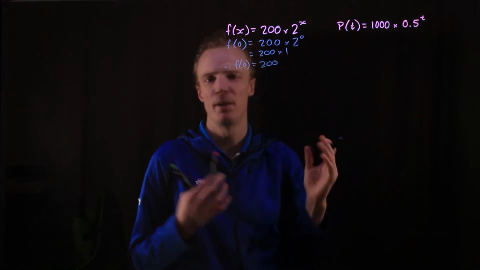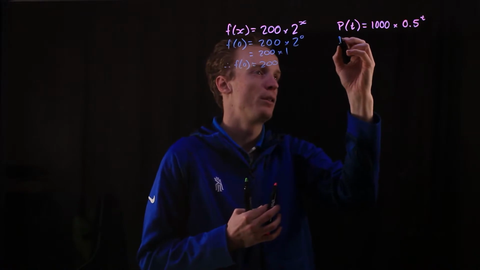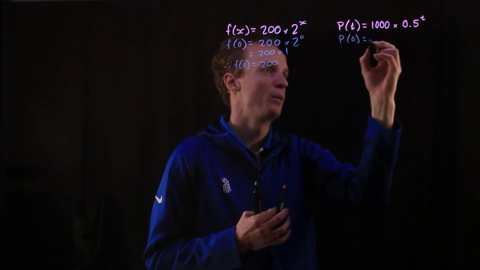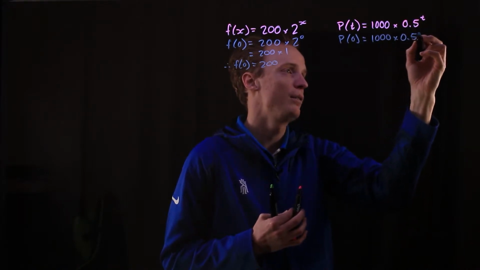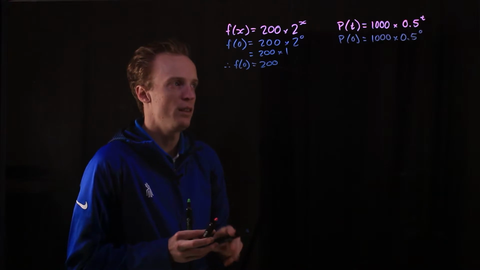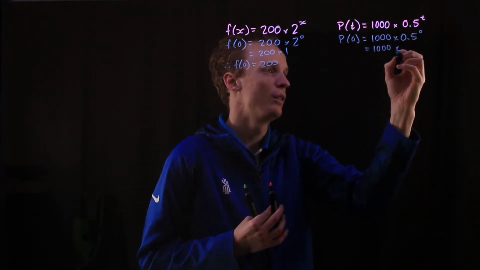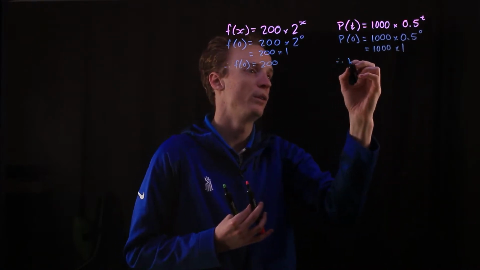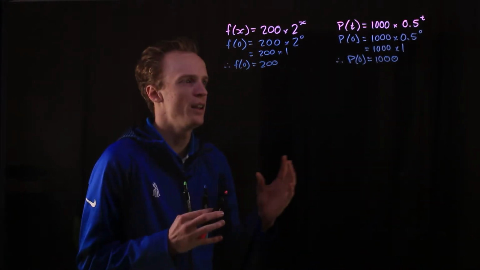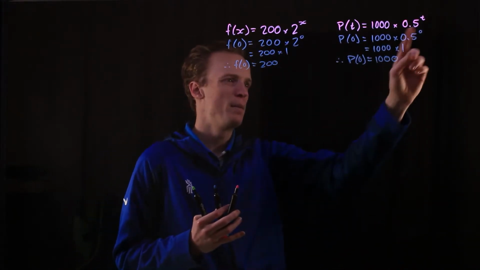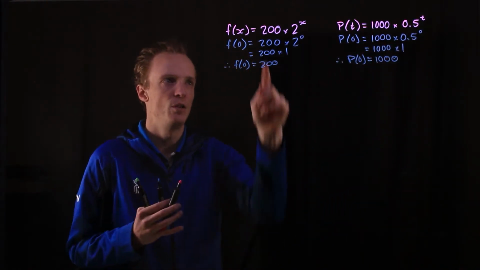Our time period of 0 would be our initial population, so when time was 0. So the P(0), well, that'll be equal to 1,000 multiplied by 0.5 to the power of 0. Now, anything to the power of 0 is equal to 1. So this will be 1,000 times 1, which, of course, is equal to 1,000. So as you can see, when I input my time of 0, I end up back at this first value again. And that's what our first value always represents.